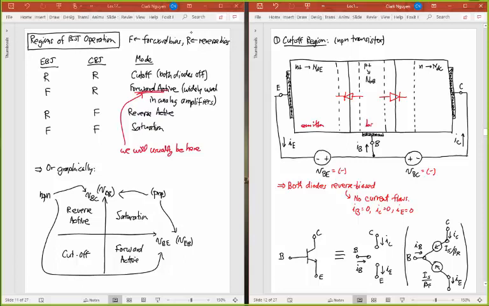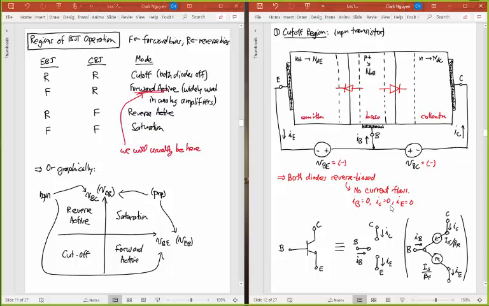So that's the emitter, that's the base, that's the collector. And so I've reverse biased both of these, which means I'm not getting any current flowing across this junction. I'm not getting any current flowing across this junction. So in the end, both diodes are reverse biased, no current flows, period. And so this is a very simple region of operation.